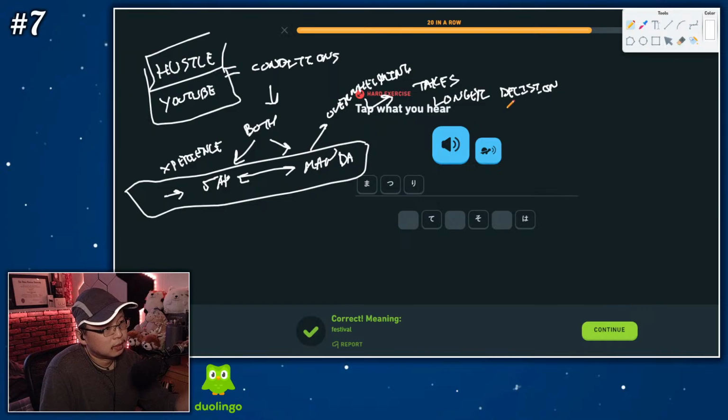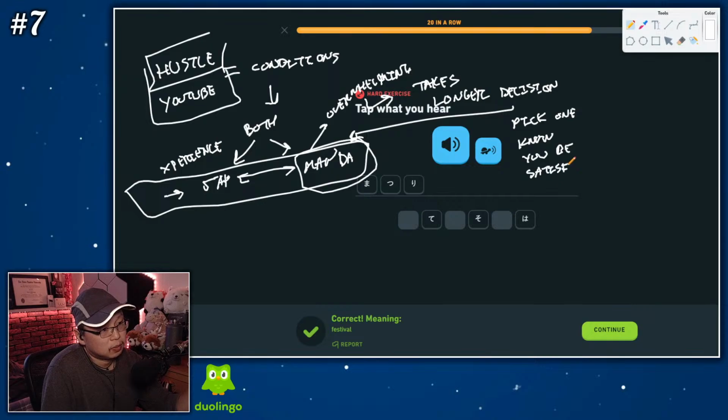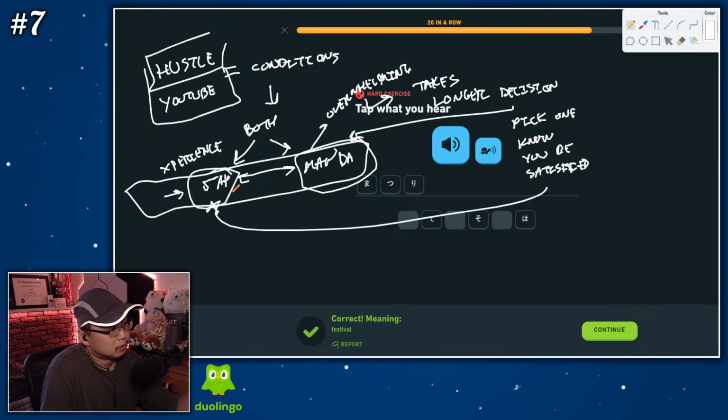So the idea is pick one, whichever one, and know that you will be satisfied, or try to know that you will be satisfied eventually. Because when you pick one, eventually you're going to get to the second one. It doesn't matter which one starts first.